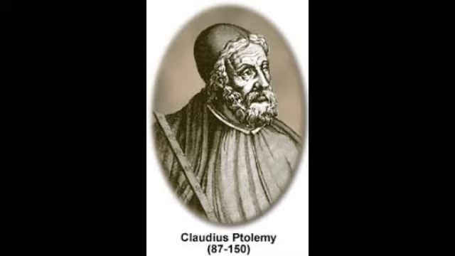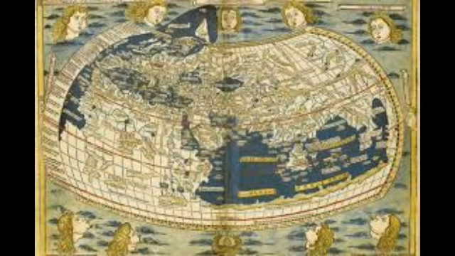Okay, what is the contribution of Ptolemy? Ptolemy made accurate maps in those times. He wrote a number of books about the places, but unluckily, we lost the maps which were prepared by Ptolemy.